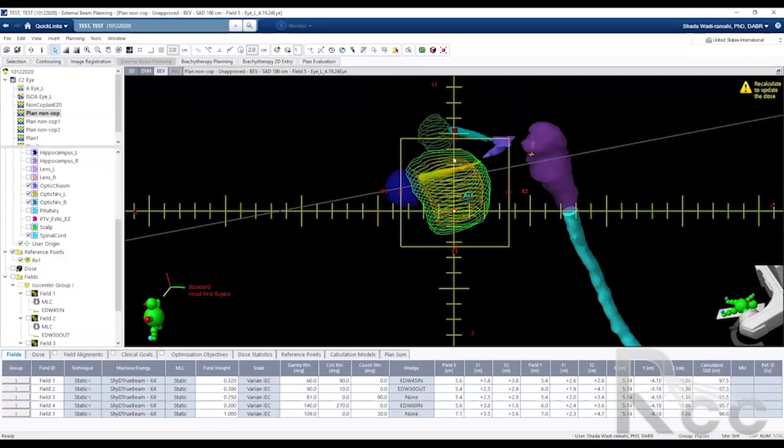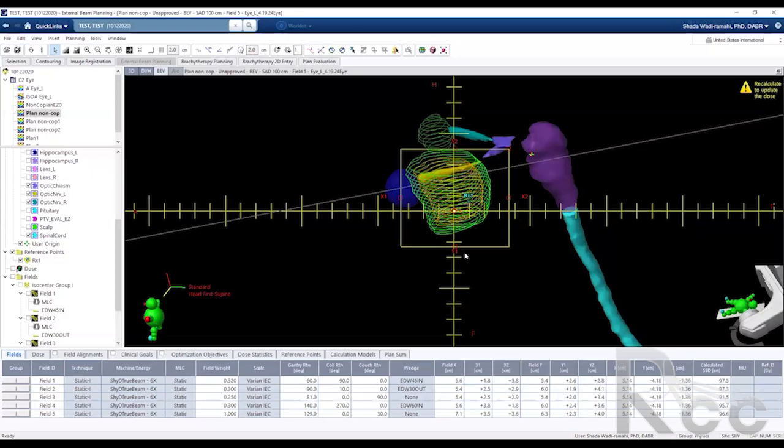However, and we mentioned this, if I have 4 or 5 beams, I can afford to be strict on one side. For example, I can bring this Y2 edge closer here to avoid the other eye, because even though from this field I'm cutting the PTV short at the edge, the other 4 fields are irradiating this volume.